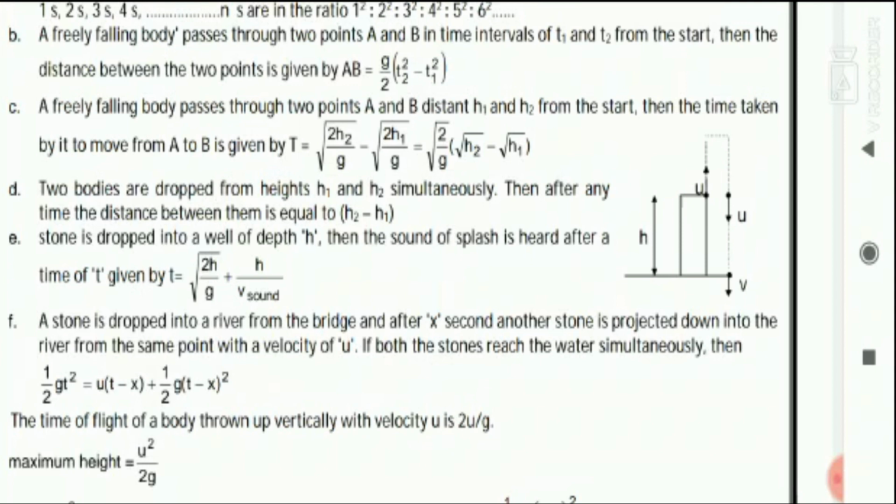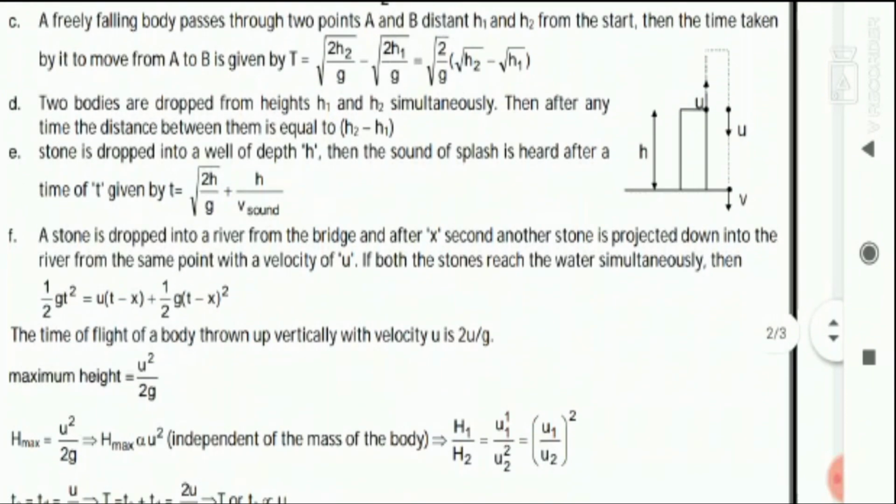Then the time taken by it to move from A to B is given by t is equal to, you know the formula, time of a freely falling body is under root 2h by g. So the time difference is asked. So t is equal to t2 minus t1. Simply substituted and we got that formula. Here also the h1 value will be given, the h2 value will be given. He will ask for time directly. So you can substitute that here.